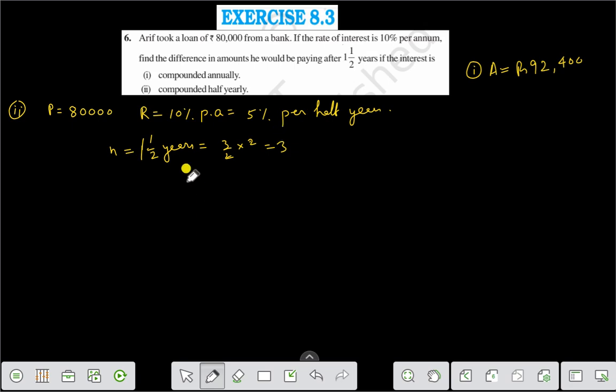Therefore, we are getting amount. We know that amount is equal to P into (1 plus R by 100) to the power n.